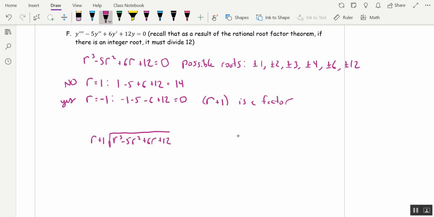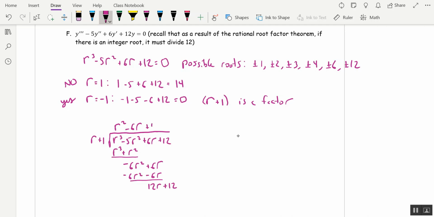All right, so we're going to multiply by r squared, r cubed plus r squared, subtract to get negative 6r squared and bring down the 6r. And now this goes in minus 6r times. So we get negative 6r squared minus 6r, subtract to get positive 12r and bring down a 12.